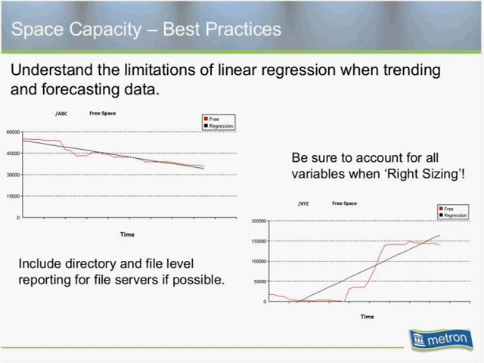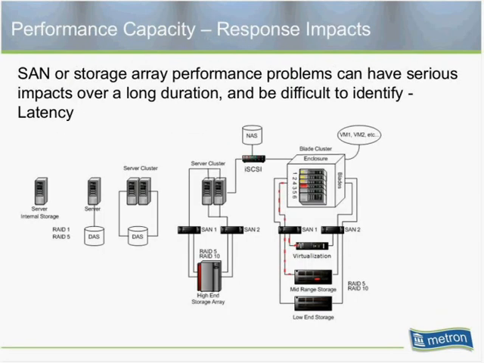Maybe you want to have peak and average activity, or peak and average space utilization. Depending on what your techniques are, being able to use trending is going to be the best way to see, in the best practices, how the space is used within the environment.